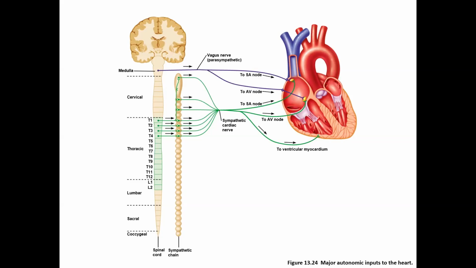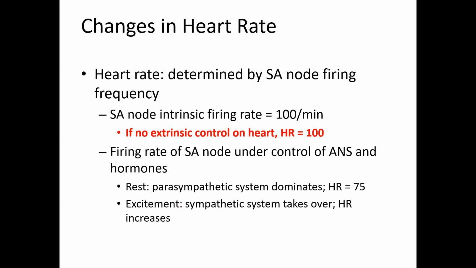So just to summarize here, the parasympathetic system via the vagus nerve affects the heart rate by affecting the SA nodal and AV nodal cells, but the sympathetic system affects the SA and AV nodal cells as well as the myocardial contractile cells. So that's something we want to bear in mind as we continue to speak about the factors that affect each of these two variables, stroke volume and heart rate.